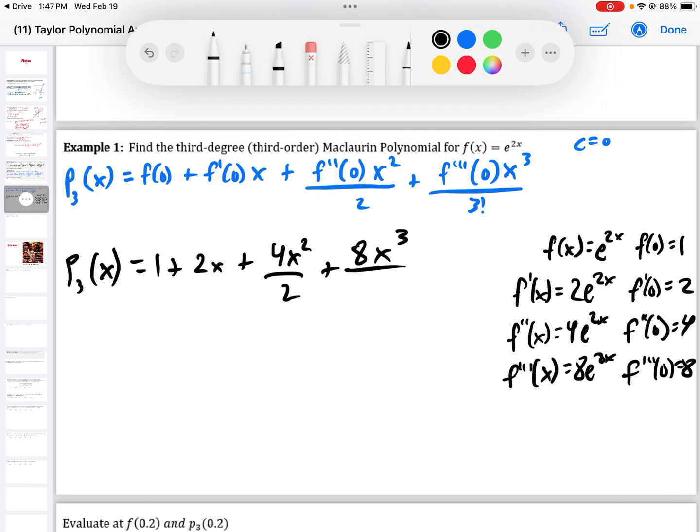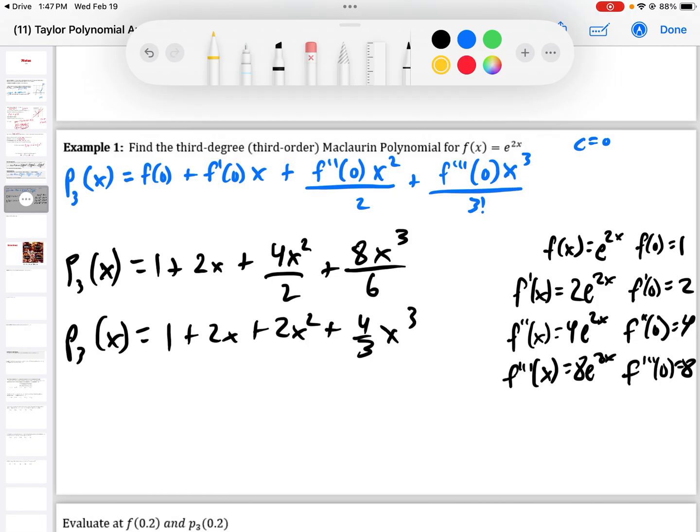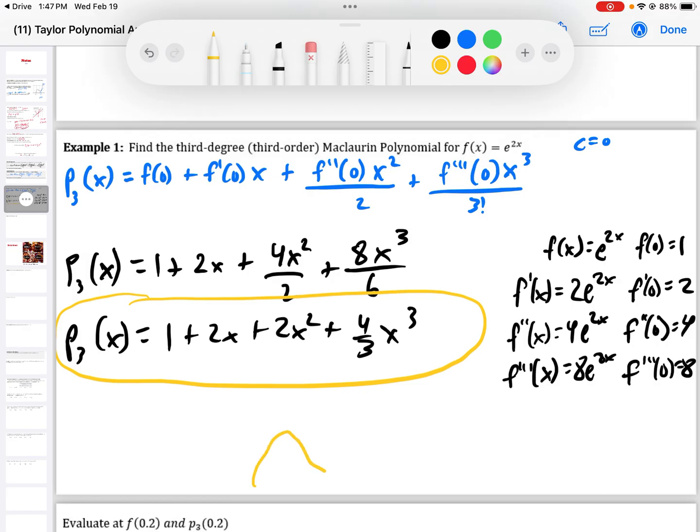Plus 8x cubed over 3 factorial, which is 6. So to simplify this down, I'd say p of 3 is equal to 1 plus 2x plus 2x squared plus 4/3 x cubed.